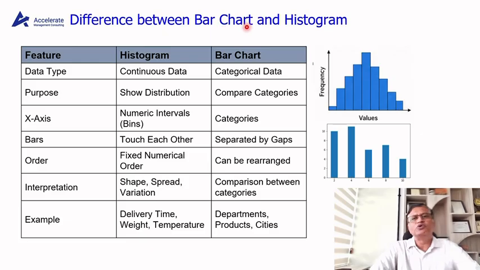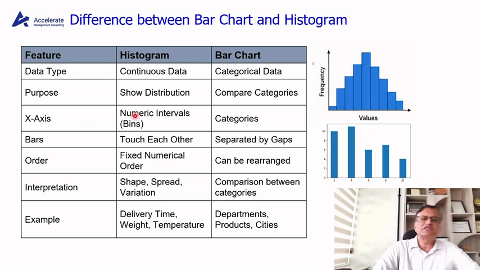Before we go into how to construct a histogram, let's look at the differences between bar chart and histogram. As you know, bar chart is used for categorical data when we want to compare categories, and histogram is used on continuous data where we want to understand the distribution of our data.